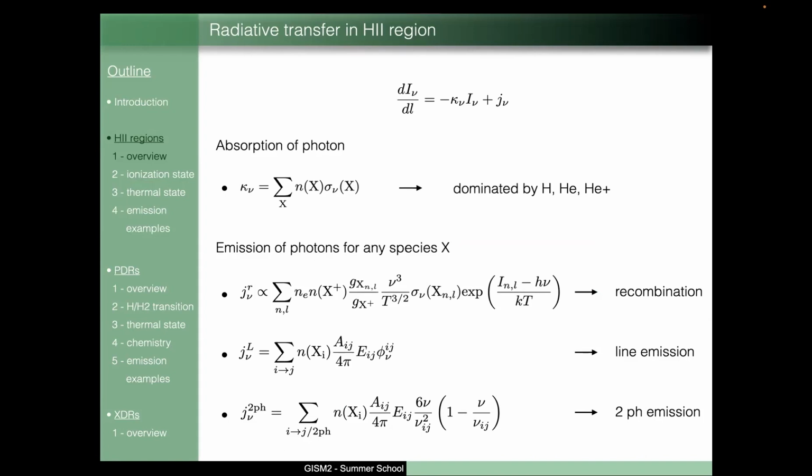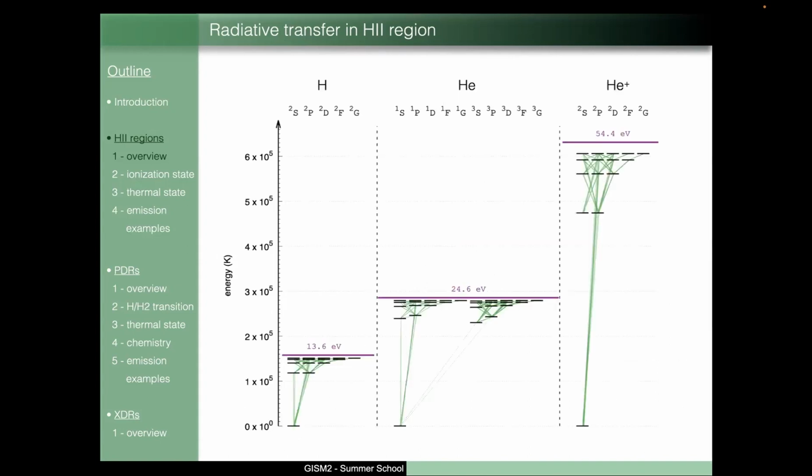In models, I think they consider everything, in fact. Everything is coupled because they want to treat with as much detail as they can the microphysical processes happening in an environment. But in the first approximation, it's not bad to consider that the only photons that can ionize the gas are emitted by these three species here.